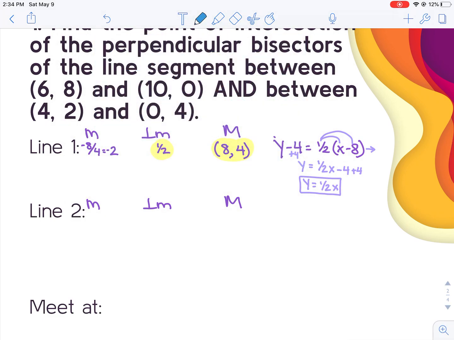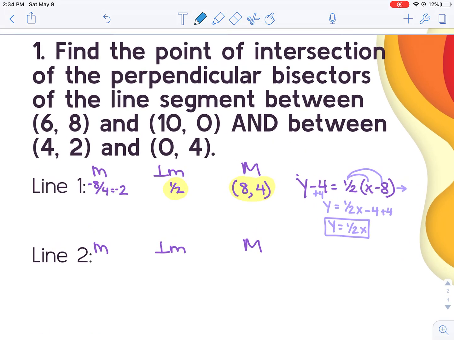In my second line, my y's are going up 2 and down 4. So that's a negative 1/2, which means my perpendicular slope will be positive 2. The midpoint will be 2, 3. So I'm using that point and that slope.